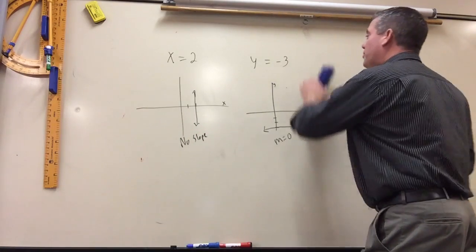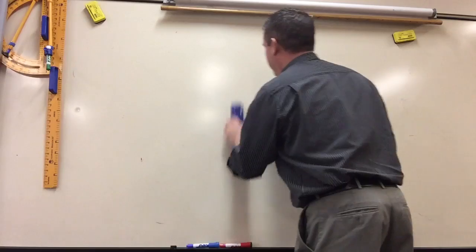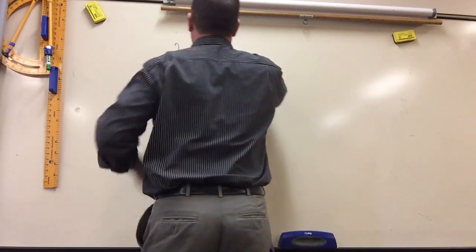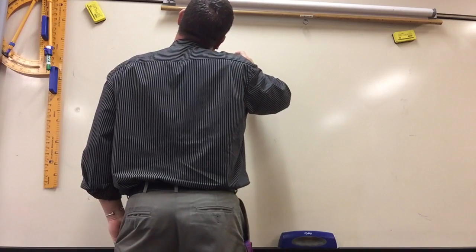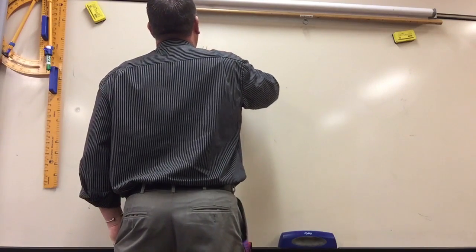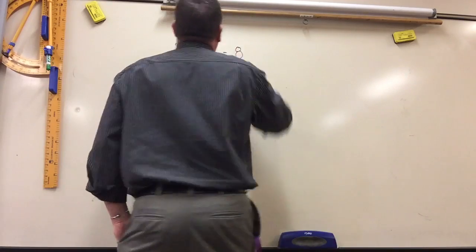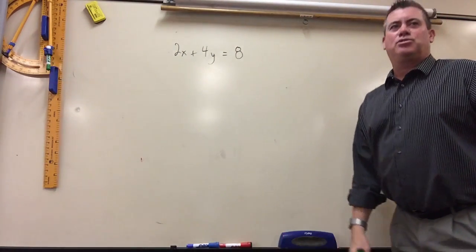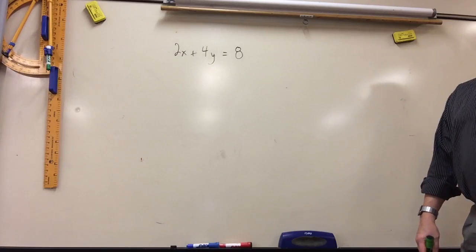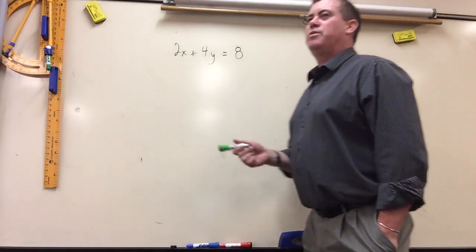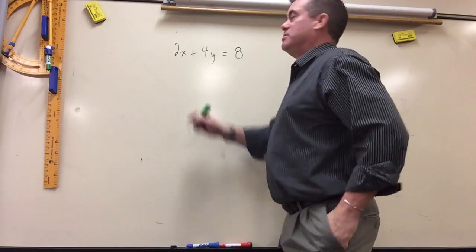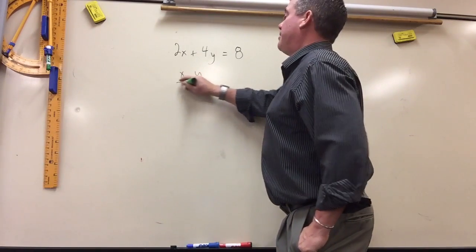Okay? So, today the equations are going to be in standard form. Okay, 2x plus 4y equals 8. We did these before where we found the x and y intercepts to plot, to graph them.